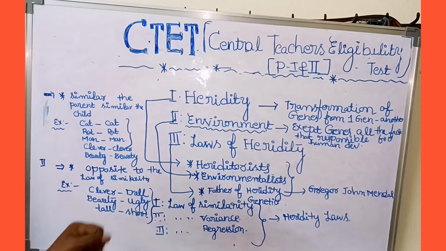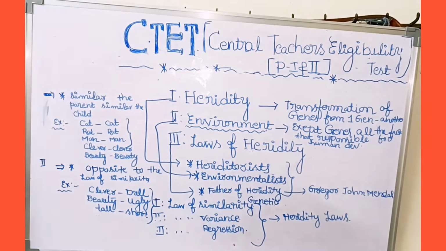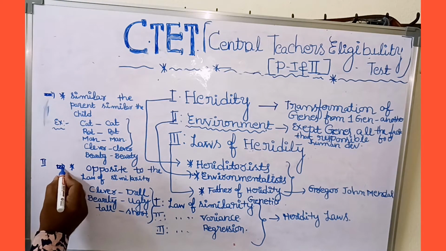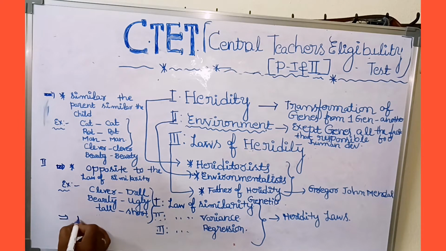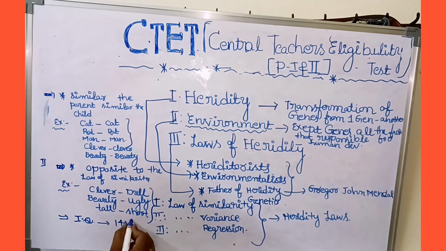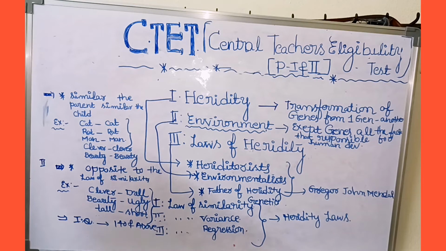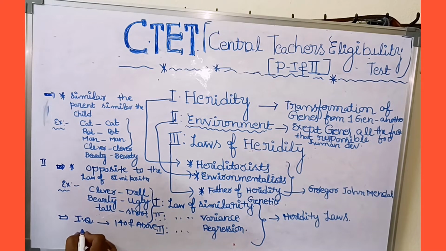Why? If the parents have a high IQ, 140 and above, it may not be guaranteed that their children have the same IQ. Or if the parents are very beautiful, there is no guarantee that their children will be beautiful.